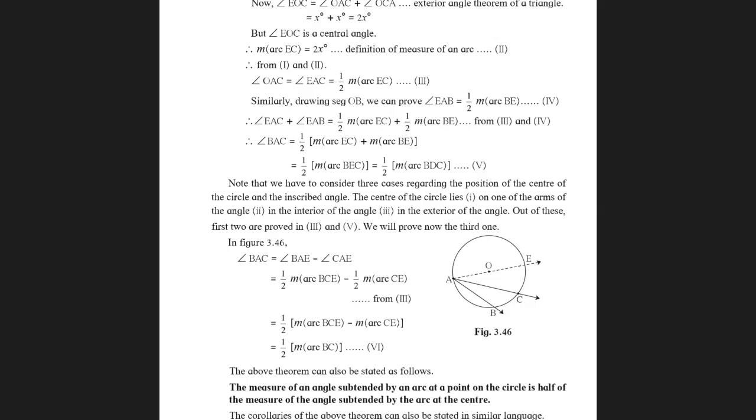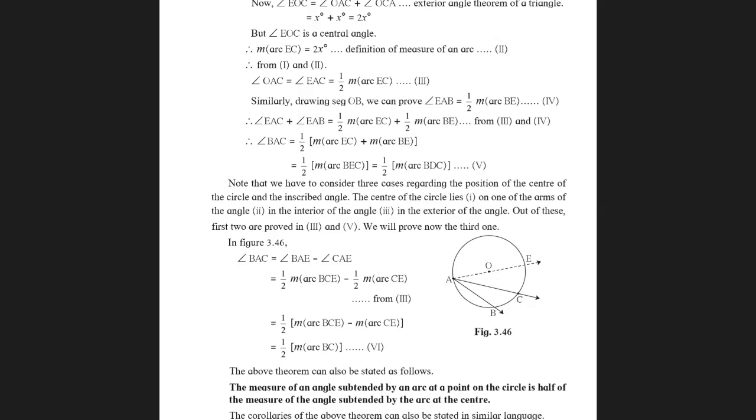Now half is common, take it outside. The measure of arc BCE minus the measure of arc CE is nothing but the measure of arc BC. So what do I get? Angle BAC equals half of the measure of the arc BC. So the inscribed angle is equal to half of the measure of the arc subtending it, right?